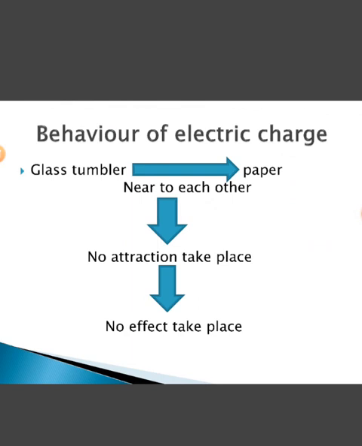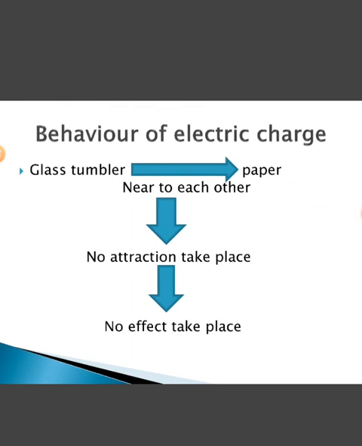Now let's look at the behavior of electric charges. If you have a glass tumbler and a paper, and you bring them near each other, there won't be any attraction. No effect takes place.